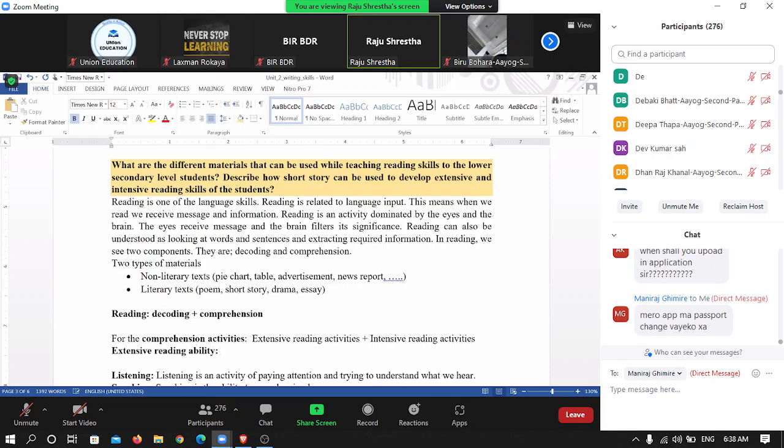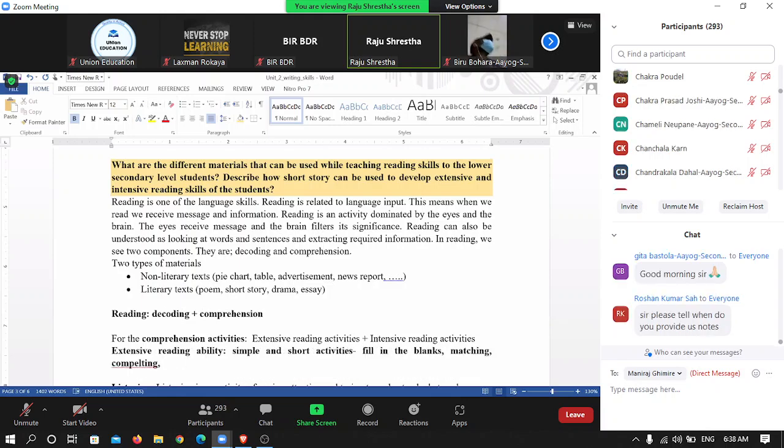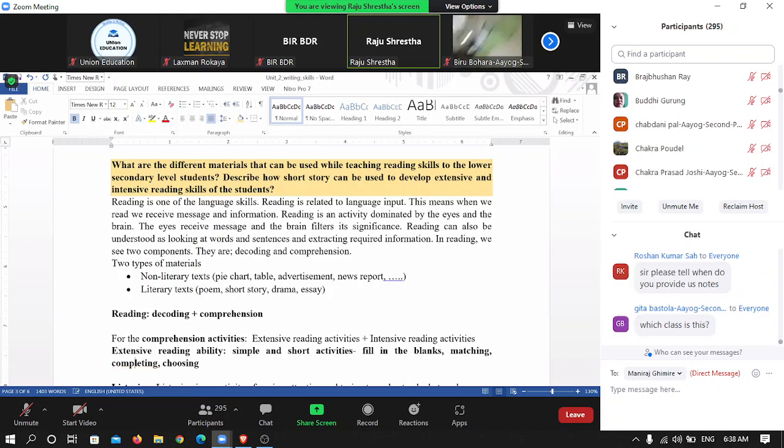So simple and short activities we have to use, like fill in the blanks, then matching, then completing, and then choosing type, this type of activities for extensive reading.